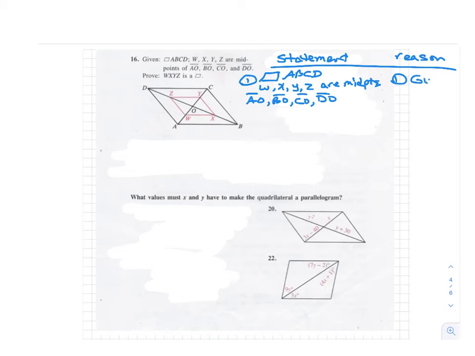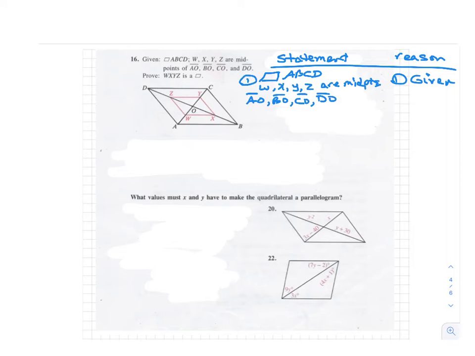And that reason is given. Now what I'm going to do is establish the lengths of each of these. Now we learned that if this is a midpoint, then I know that it's going to be half of the length of the whole thing.